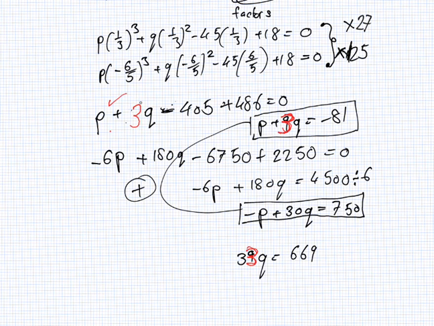So it means there's another mistake somewhere. Okay, so this is okay, this is okay. 27 divided by 3 times 45. That's okay. And then 18 times 27, 486. That's okay. 405 minus 486. Yeah, this looks fine, so it must be in this one.